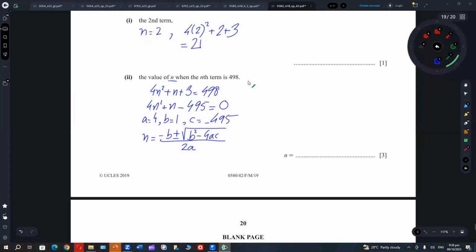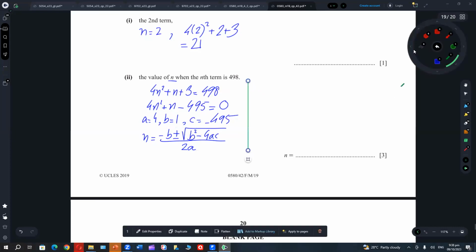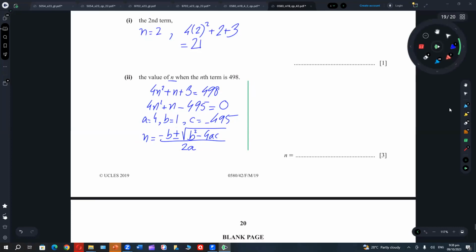You remember now that you have to use this formula once with plus and once with minus.